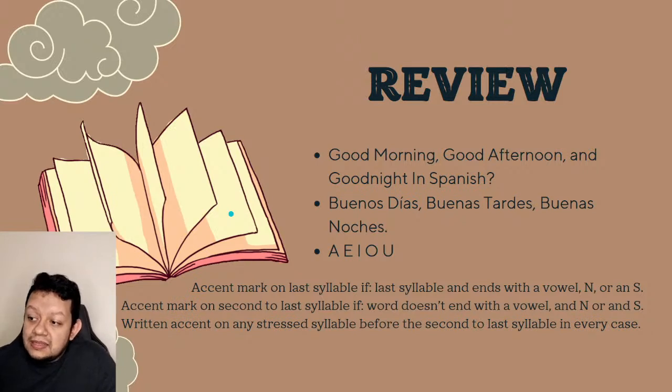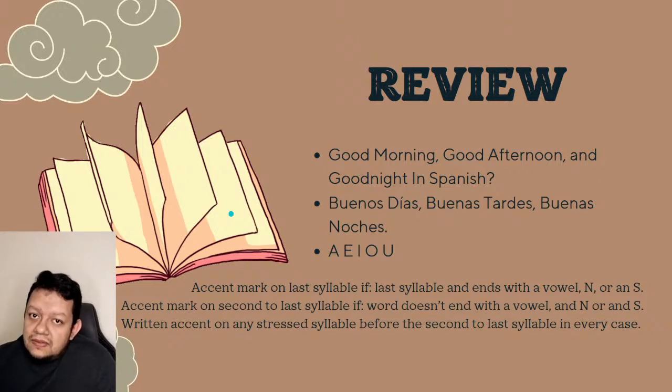If the word is stressed on the second to last syllable and it has to be written, the word should not end with a vowel, an N, or an S. And then a written accent is on a stressed syllable before the second to last syllable in every case.